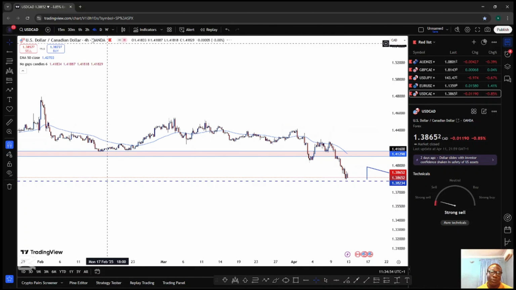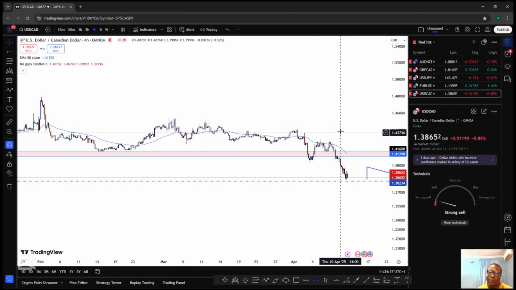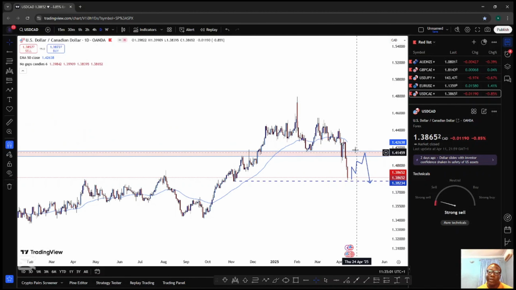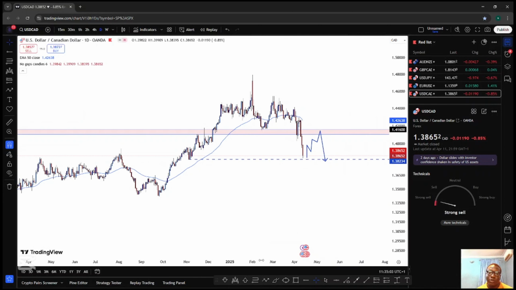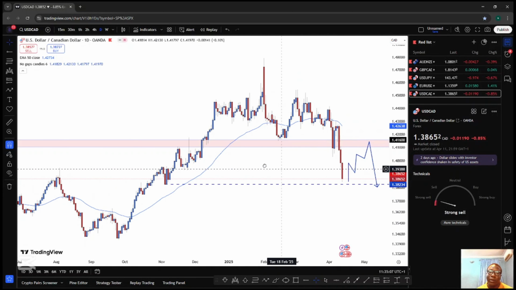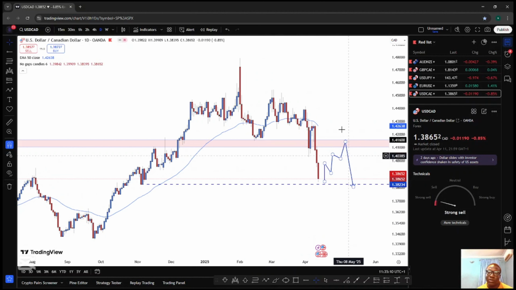So what would I be waiting for? I'm waiting for the market to simply give us a retracement into our area of interest for us to look for the sales to the downside.